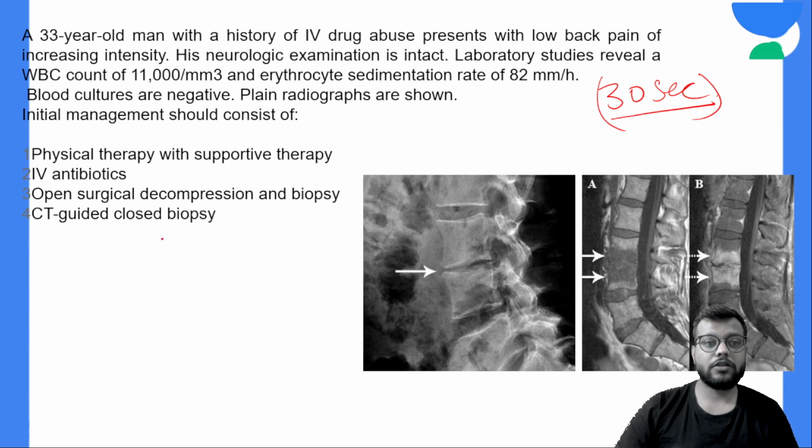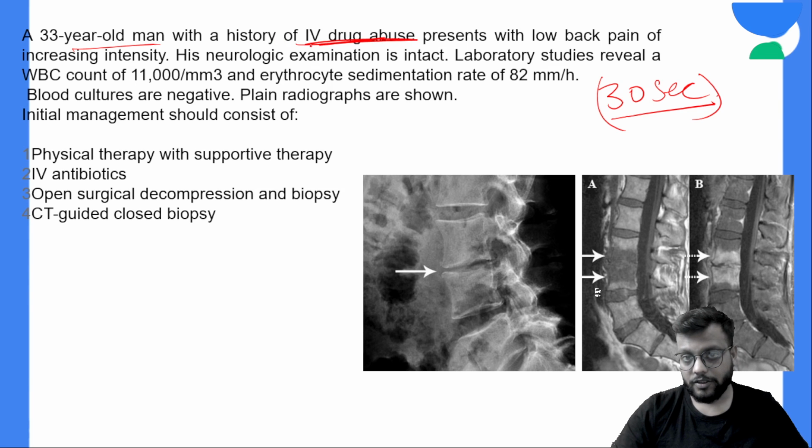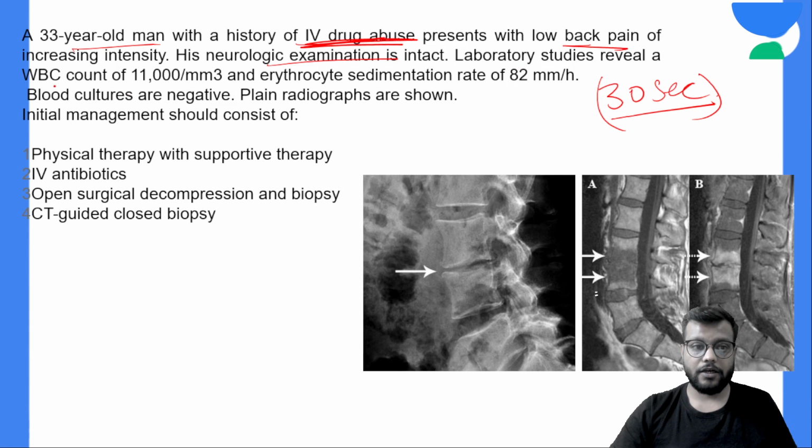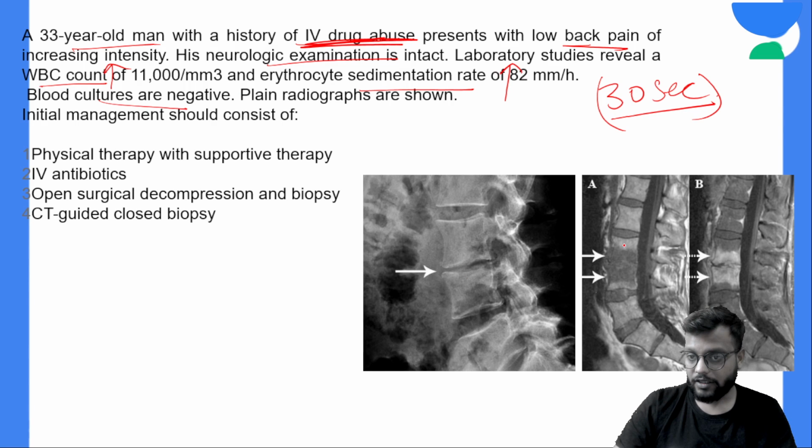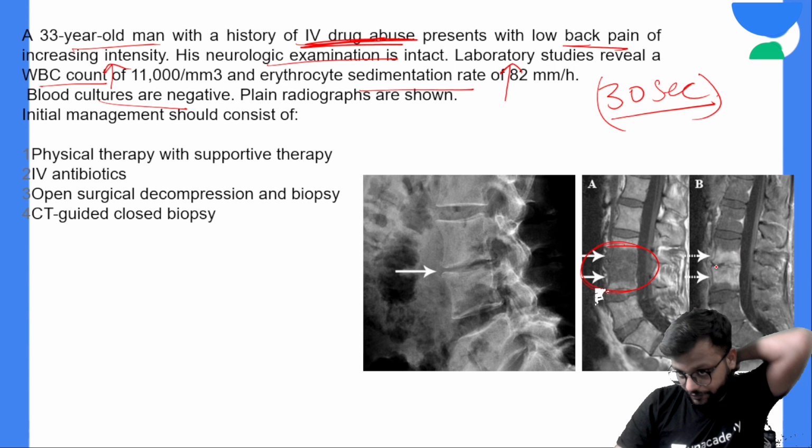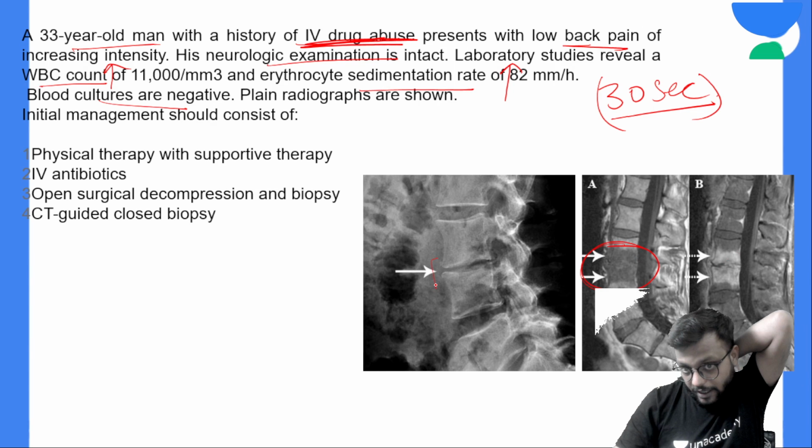Okay, so a 33-year-old man, IV drug abuse means more chances of infective pathology, lower backache, neurologically intact, WBC count and ESR are raised, blood culture negative. And here you can see there is one destructive lesion in the vertebral body and in the X-ray also.